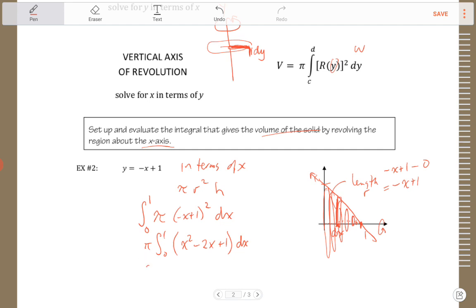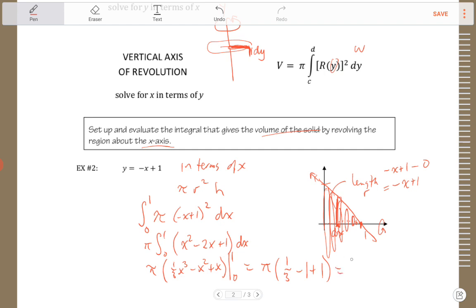Alright, we can integrate this, so we're going to get pi, and then multiply that by 1/3 x cubed minus x squared over 2, so just x squared, plus x, and this is going to go from 0 to 1. Alright, plugging in our values, we're going to get pi times 1/3 minus 1 plus 1, and then because they're 0 again, we're going to minus 0, so 0 doesn't really need to be included.